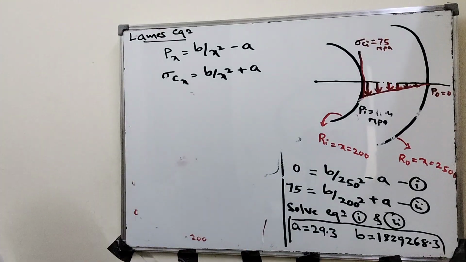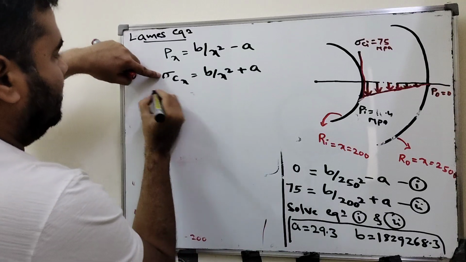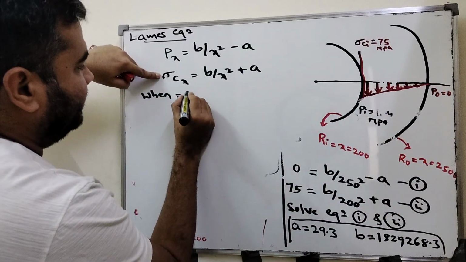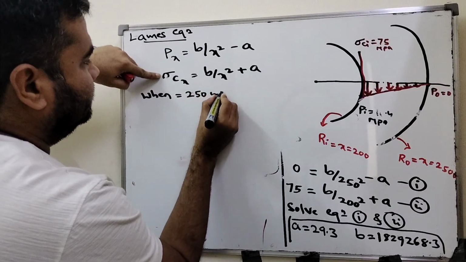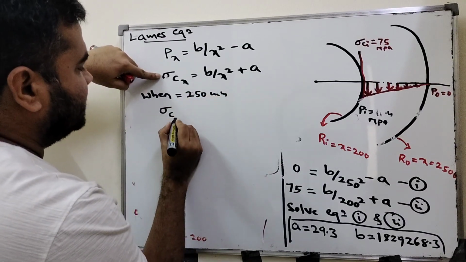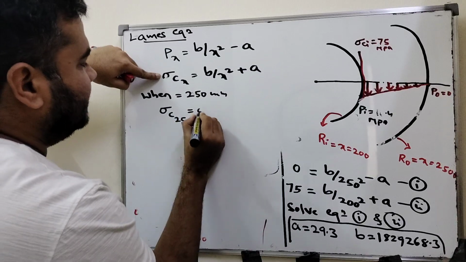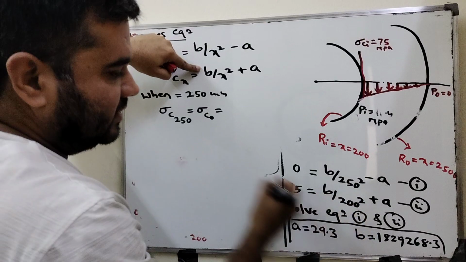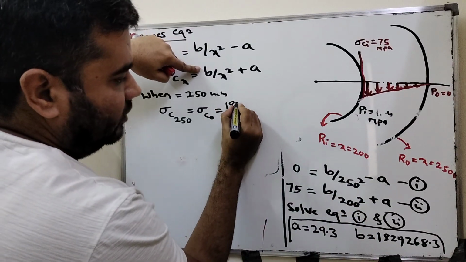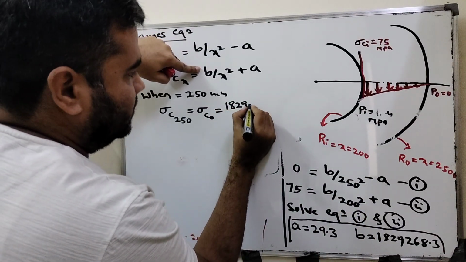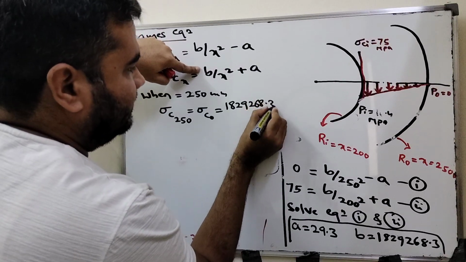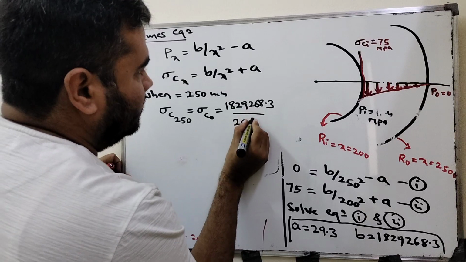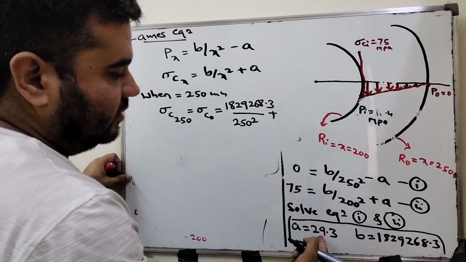When x equal to 250 mm, sigma c of 250 equal to sigma c naught, it is outside, equal to, we know B value, 1829268.3 divided by 250 square plus A, which is 29.3.